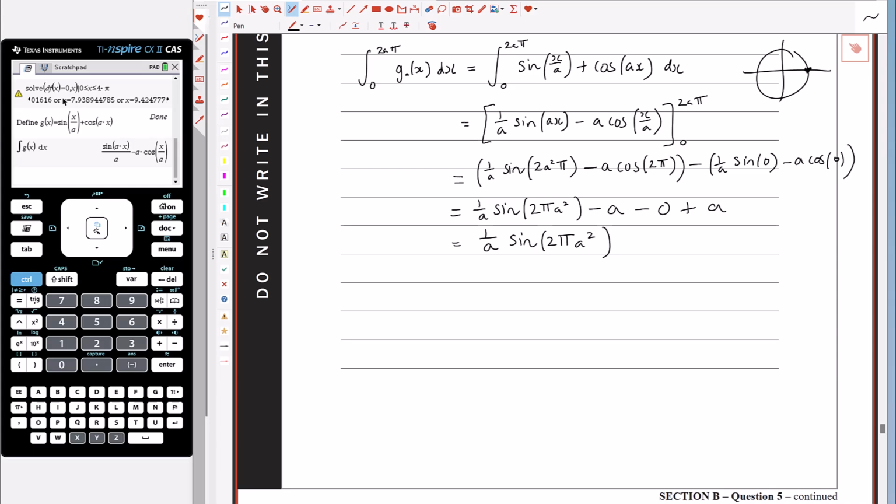Okay, so we know that a is a positive integer.